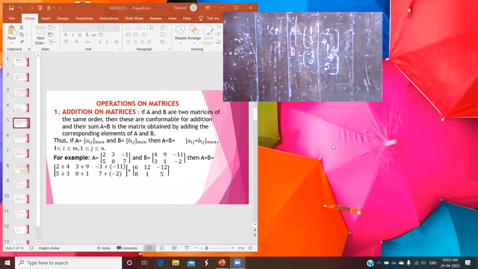Now A plus B is equal to, here you see that the order of these two matrices is the same.